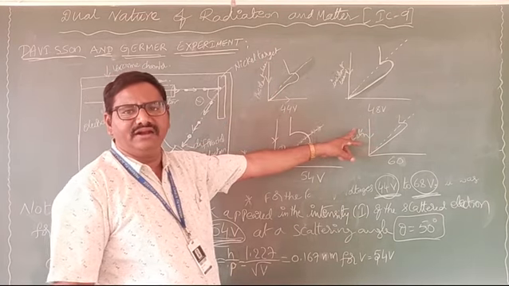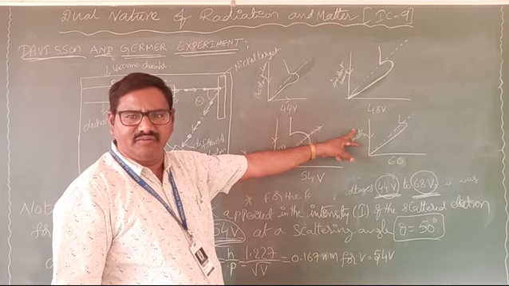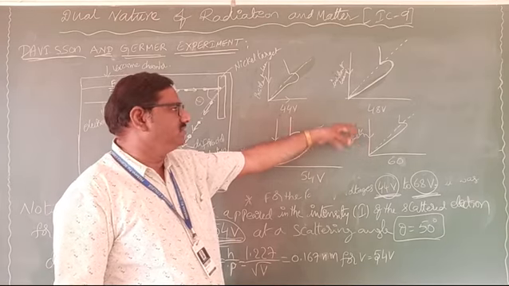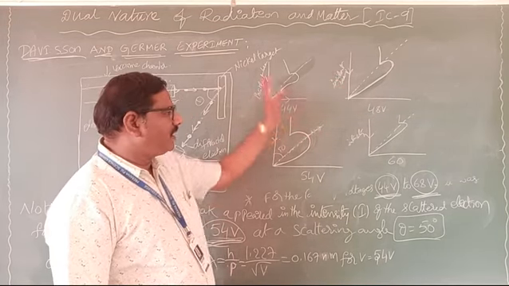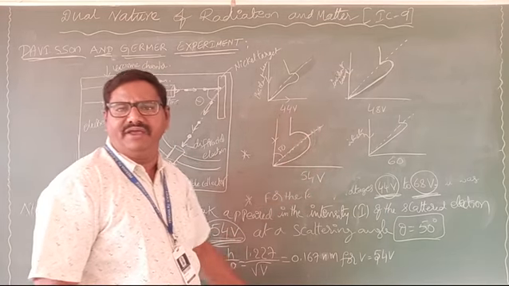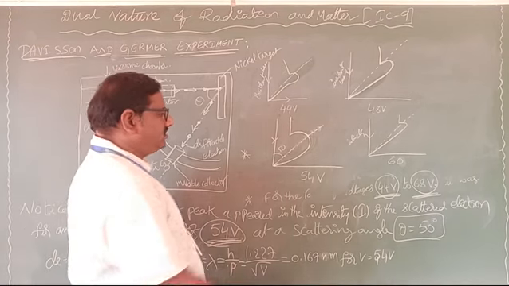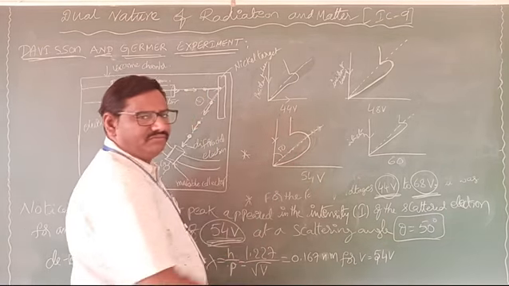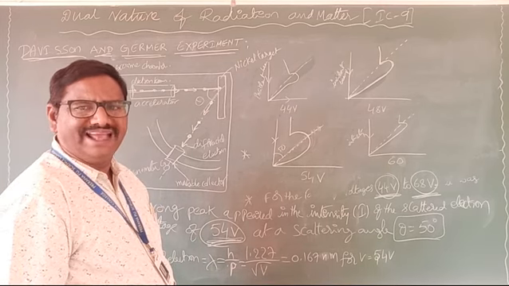At 48 volt accelerating potential, the beam appears like that. At 54 and 60, the shape is a very neat waveform.